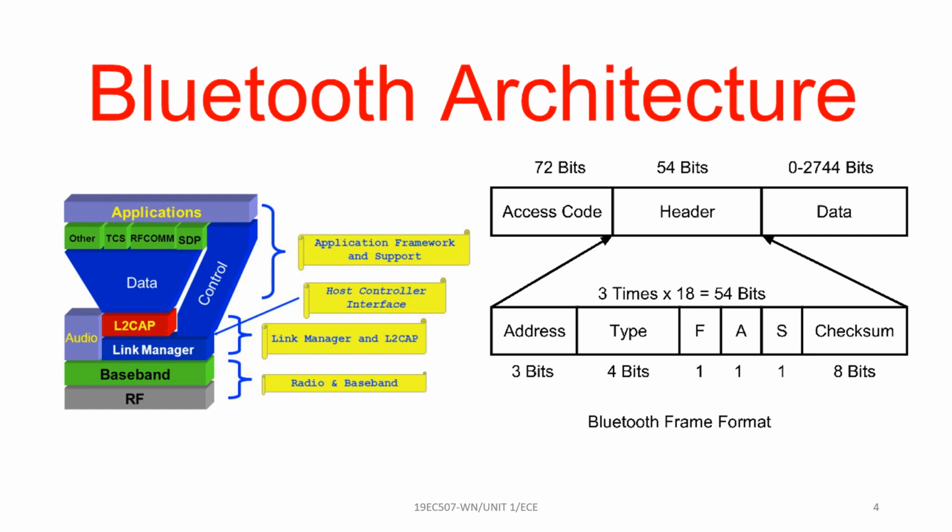The second layer is known as the link manager and logical link control and adaptation protocol layer, which also serves as the host controller interface along with L2CAP. And then we have the application layer, which mainly supports various applications like RFCOMM, SDP, and TCS.